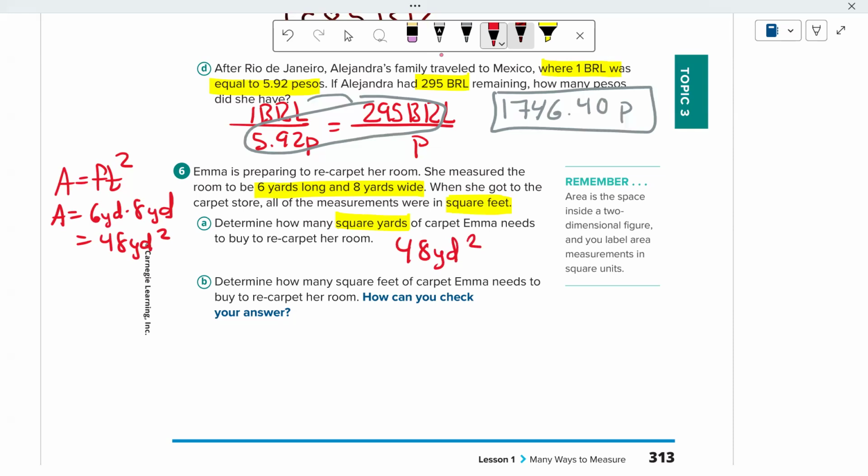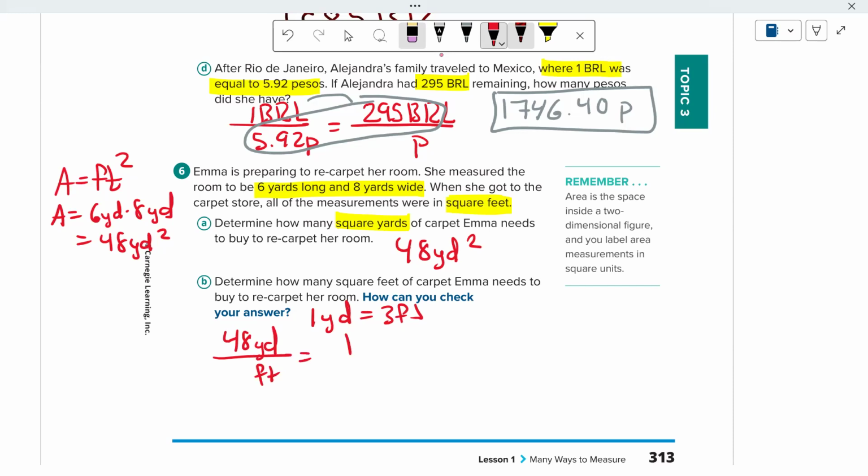Area is usually feet squared, but it's anything squared, really. Determine how many square feet of carpet Emma needs. Well, if I have 48 yards, how many feet make a yard? 1 yard is equal to 3 feet. So we have 48 yards, and I want to know feet.